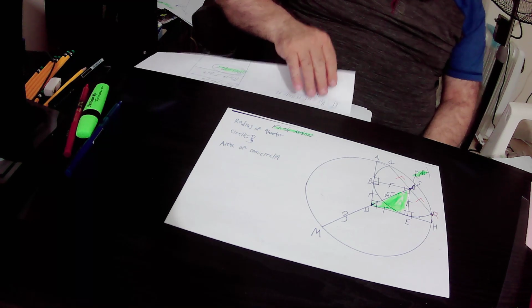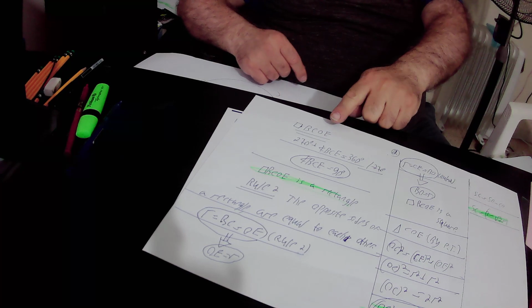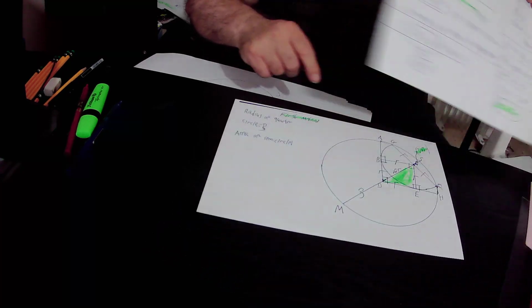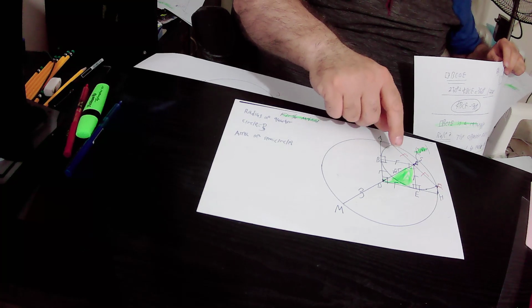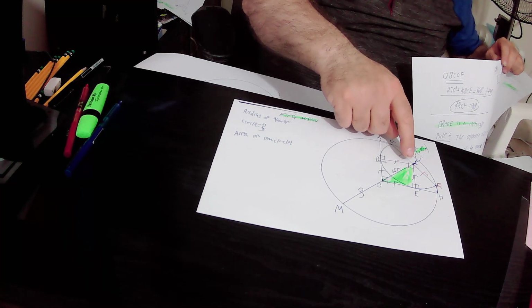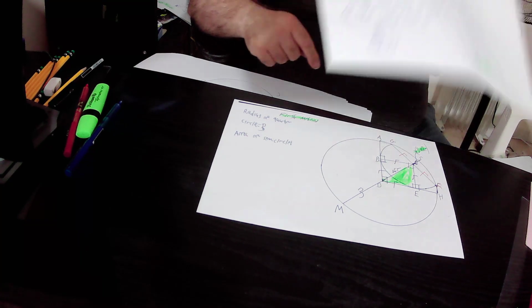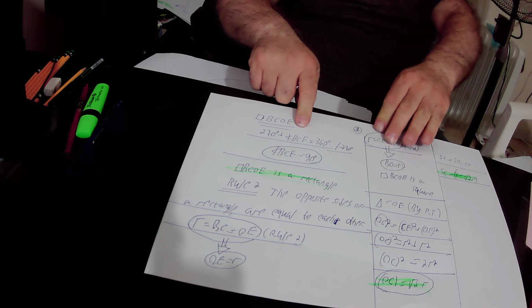And the sum of 3 right angles is 90 times 3, that is 270 degrees, plus the size of the fourth angle, that is actually angle BCE.